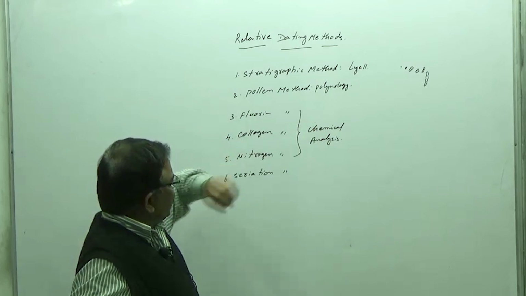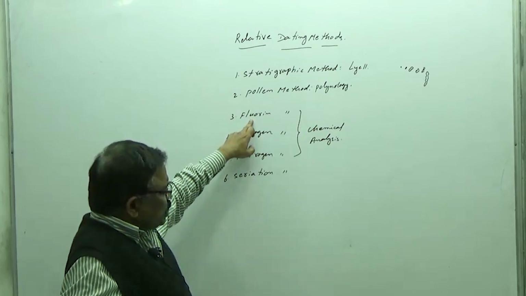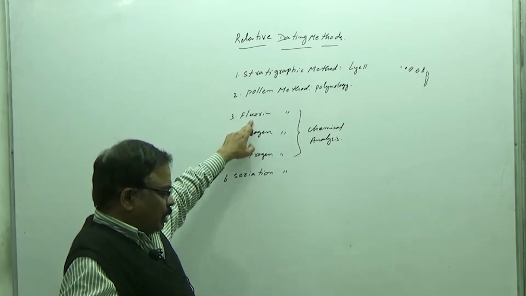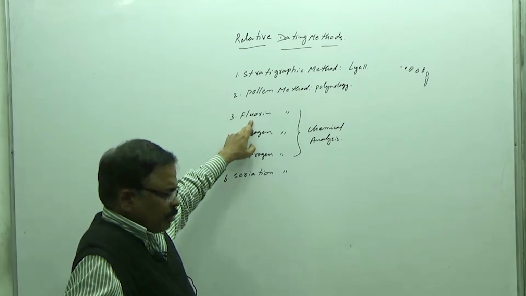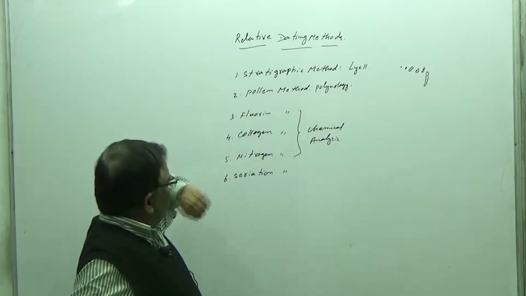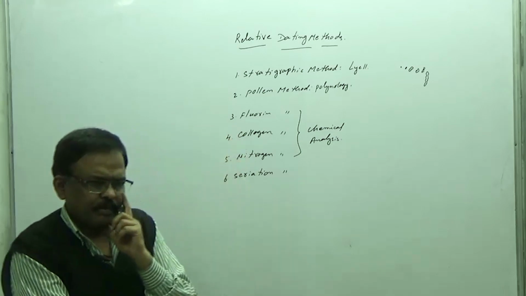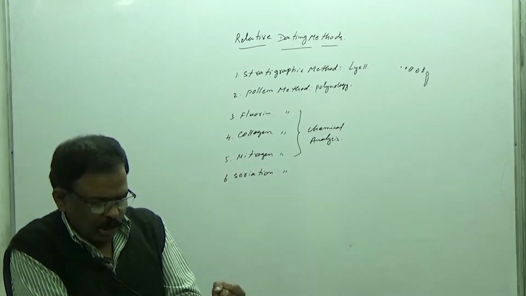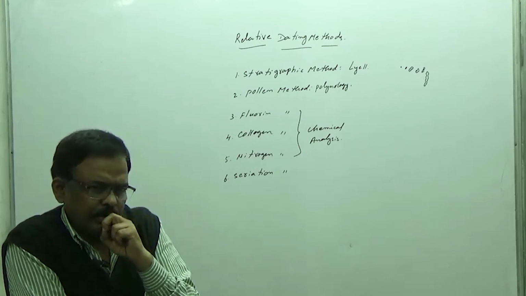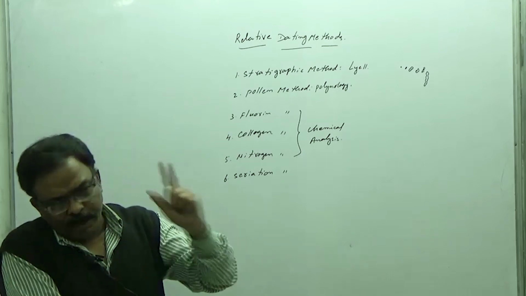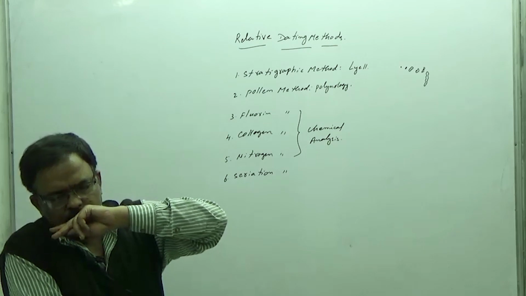In fossilification, bones absorb the fluorine which is present in the soil or water. But in the process, bones lose the collagen and the nitrogen. The nitrogen is present in amino acids, in protein.